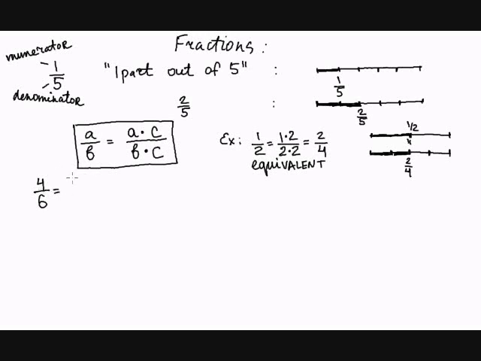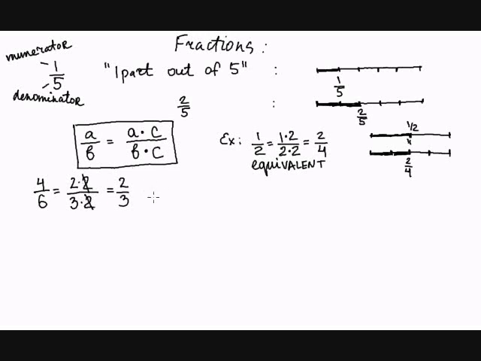That means 4 could be written as a product of 2 times 2, and 6 could be written as a product of 3 times 2. And now we see that 4/6 is actually the same as 2/3, and we say that we cancel the factor 2.